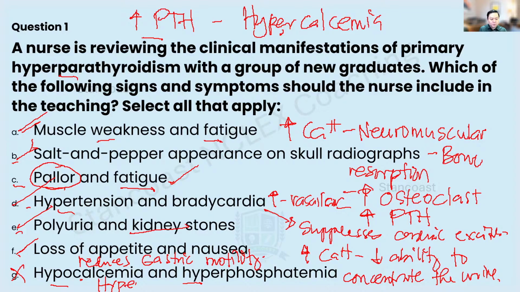Increasing PTH can lead to excess calcium, and there will be hypophosphatemia. Remember the inverse relationship between calcium and phosphorus?